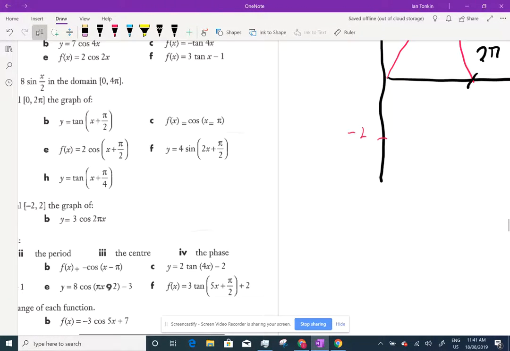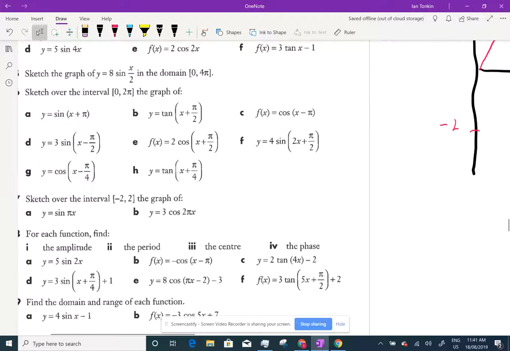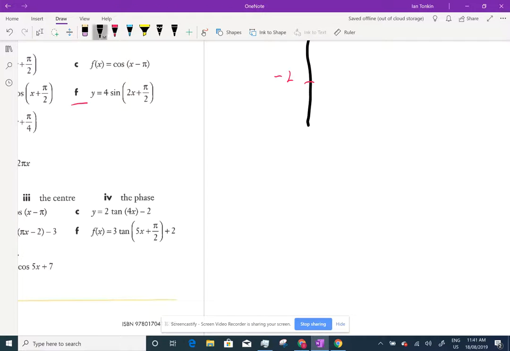But when we start playing with the shift, I'm going to take D, I might take E and F, and I might just take A, so you know what we're doing. So A, y equals sine of x plus pi.